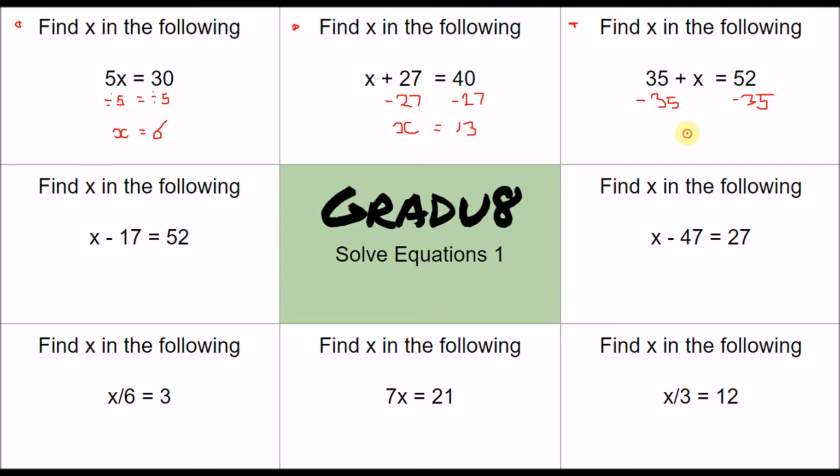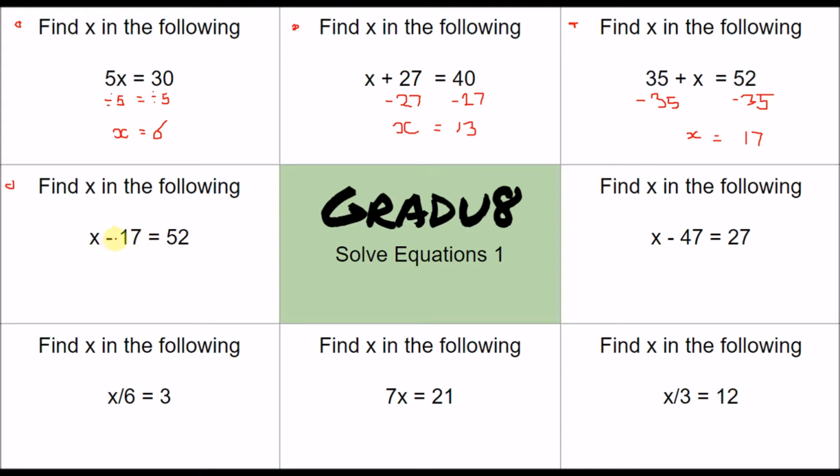All that's left on this side now is x, and on this side you've got 52 take away 35, which is going to give you an answer of 17. Again, you can check your answer, put it back into this, and check that you get 52.